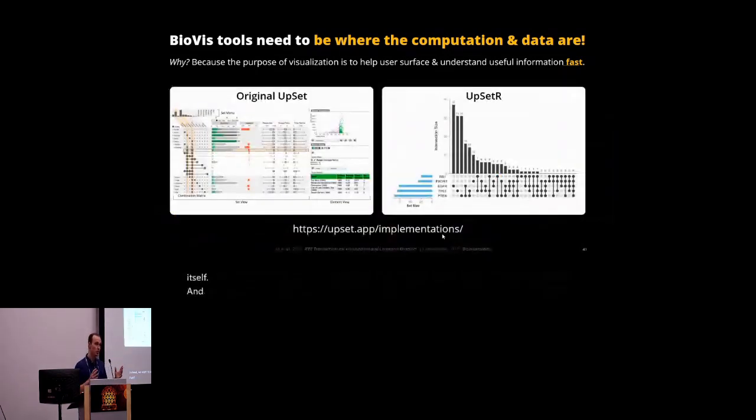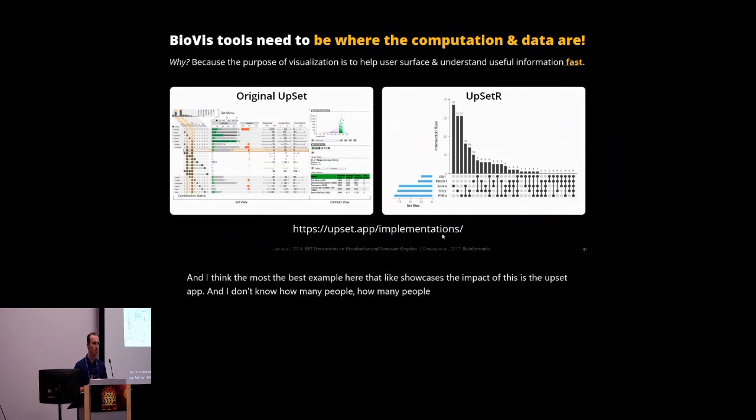And I think the best example that showcases the impact of this is the UpSet app. And I don't know how many people know UpSet? All right, yeah. The original paper was already great, right?